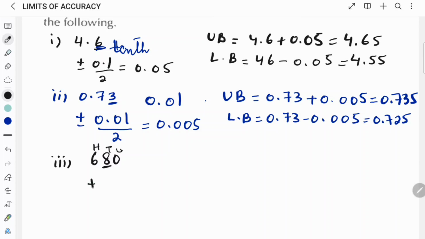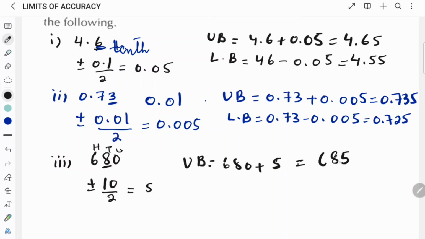It means plus minus 10 upon 2, so 10 upon 2 is 5. The upper bound will be 680 plus 5, that is equal to 685. And the lower bound is 680 minus 5, that is equal to 675.